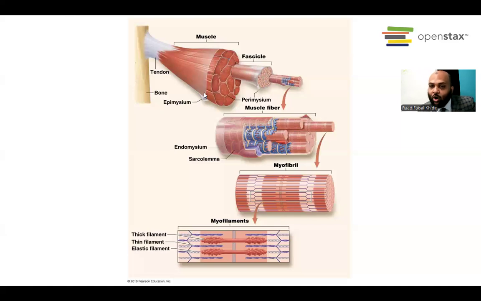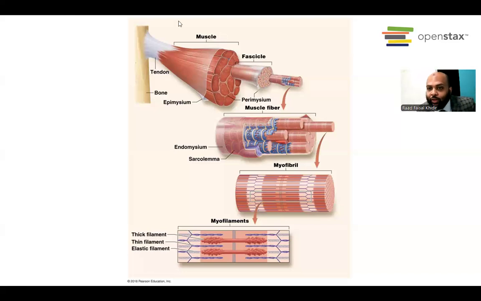The big muscle, who's wrapping it? What is the fibrous capsule? What is this plastic bag that surrounds the muscle? What is it called? The epimysium. That's the one all the way on the outside.